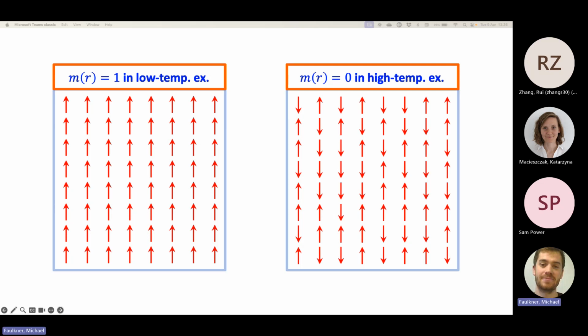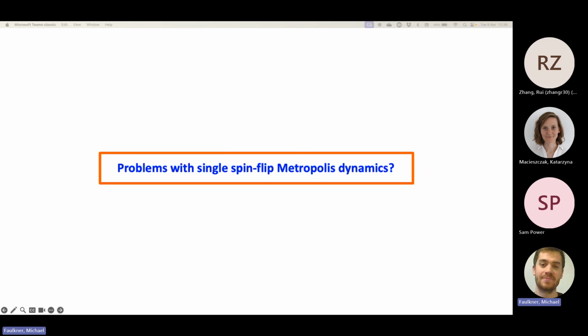However, if you were to simulate the system using Metropolis dynamics with single spin flips at each iteration of the algorithm, can anyone spot any problems that you might incur? Yeah, exactly. For small systems, it's eventually okay.